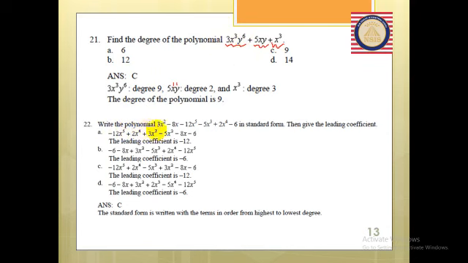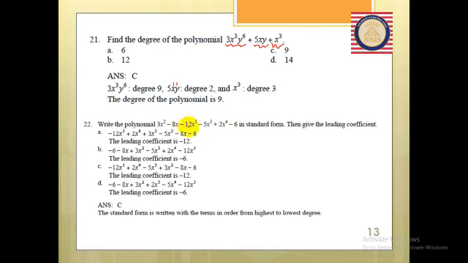Write this polynomial in standard form. Do you remember the standard form? What we said about standard form? Standard form, highest power first. Look here, which one here is the highest power? X to the power of 5.